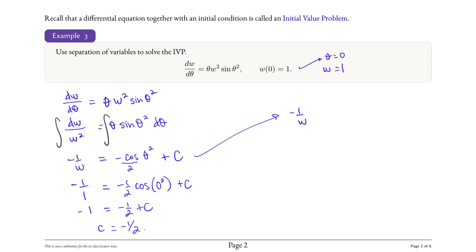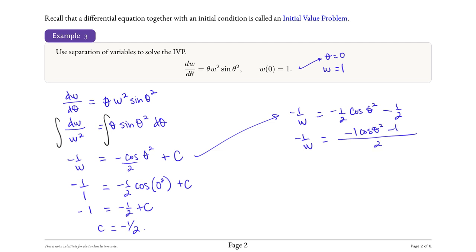Minus 1 over w is minus 1/2 cosine of theta squared plus c, but c is minus 1/2. Negative 1 over w equals minus 1/2 cosine theta squared minus 1 over 2.